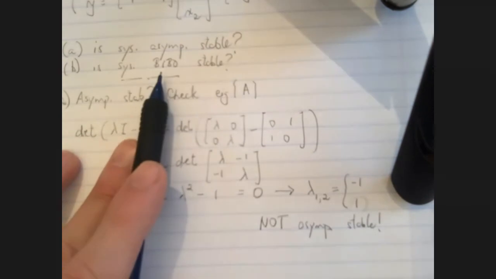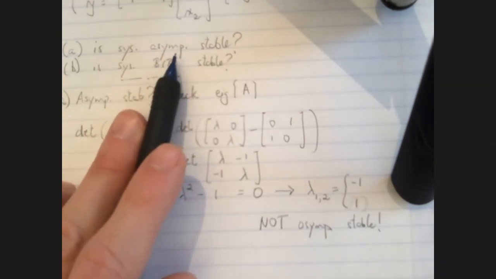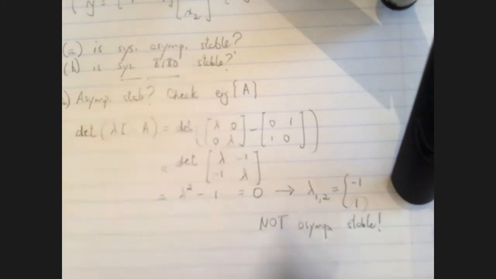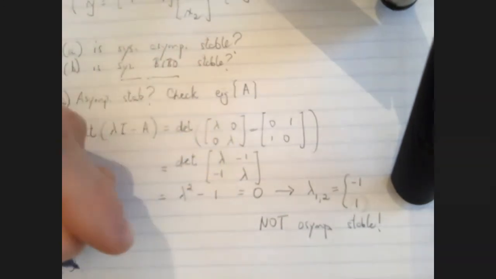Now let's check whether it's BIBO stable, because we know that asymptotic stability is a more rigorous condition. Something may not be asymptotically stable, but may be BIBO stable. So let's check out BIBO stability.